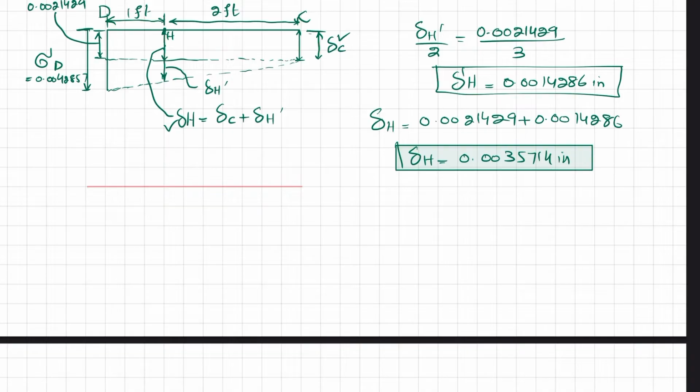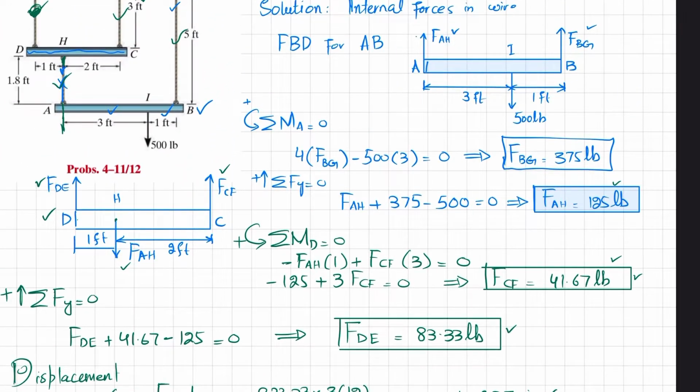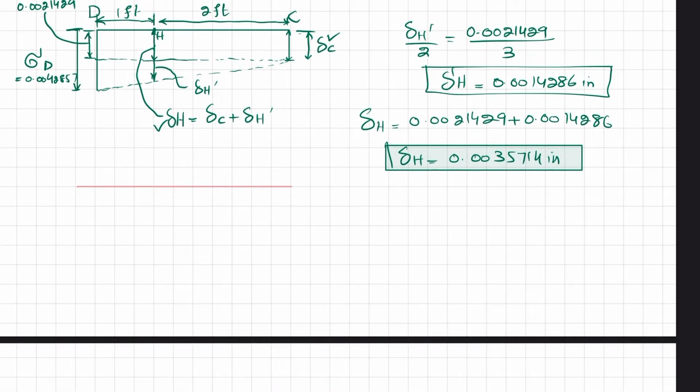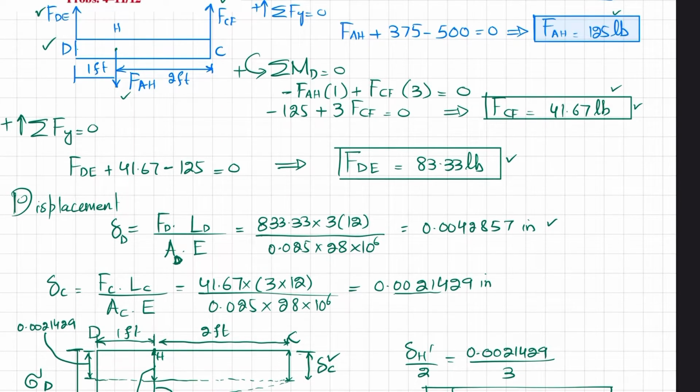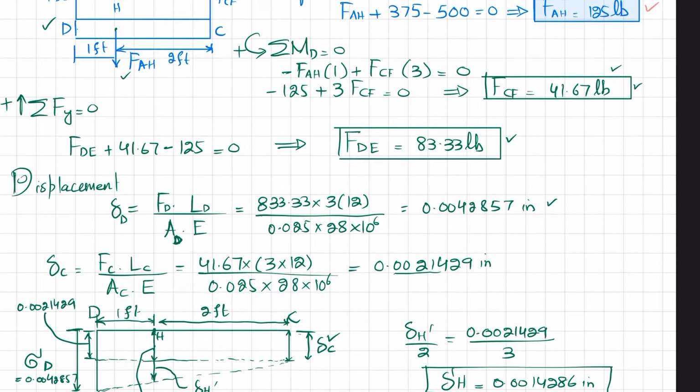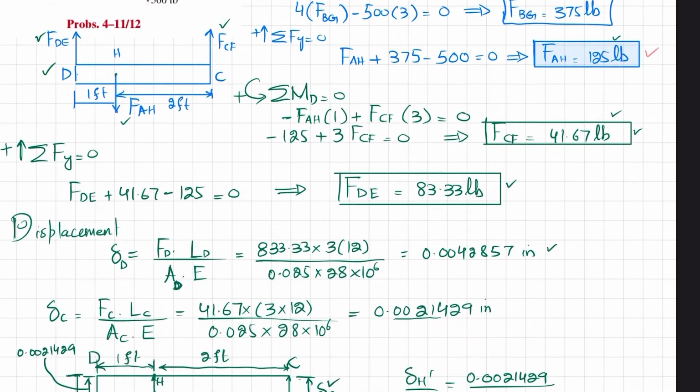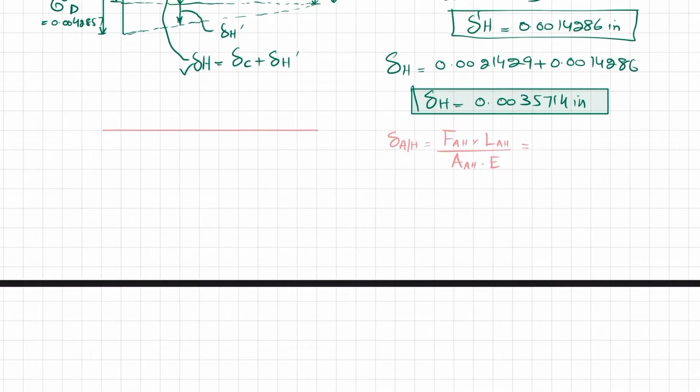Before that, we will find the elongation in this wire AH and this wire BG. So how will we find the displacement? The displacement of wire AH will be equal to FAH into length of AH divided by area of AH into E. FAH, which we calculated above, is 125 pounds, length was 1.8 feet, so 1.8 into 12 will be converted into inches.